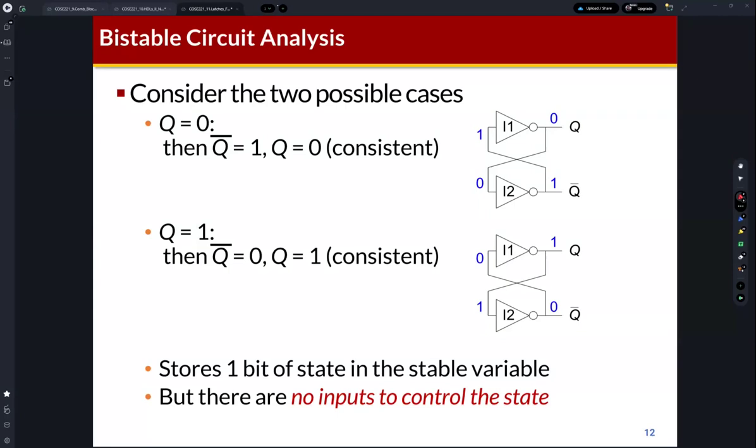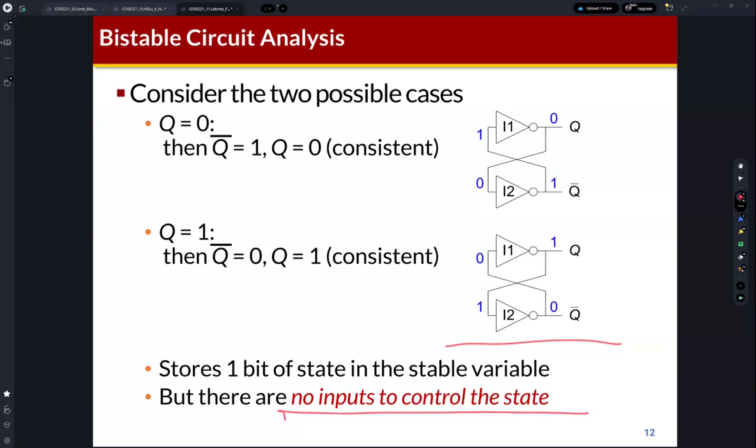So we know the signals are stored, signals are maintained, but we cannot control the stored values using a bistable circuit. Because we cannot find any input signals here, right? So no inputs to control the state.